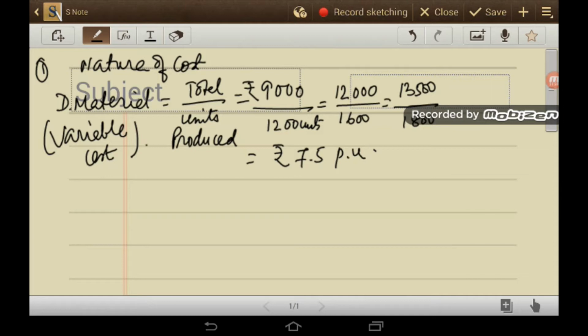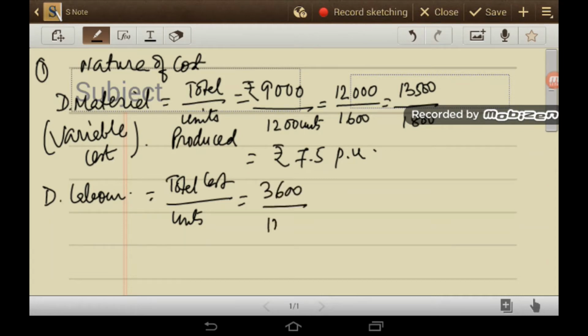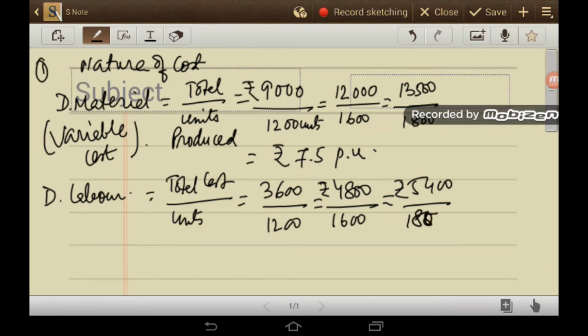So the nature of this direct material cost is variable cost. Now let us see the nature of labor cost. Labor cost is also variable because total cost by units produced, that is variable cost per unit of labor, in each case is the same. 3600 rupees divided by 1200 units, 4800 rupees by 1600 units, and 5400 rupees by 1800 units.